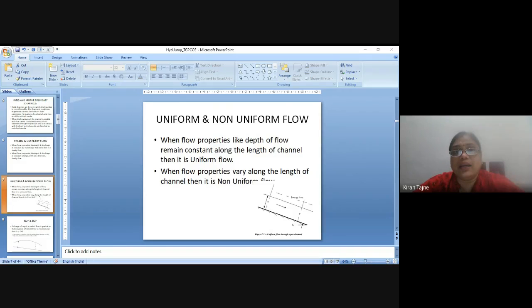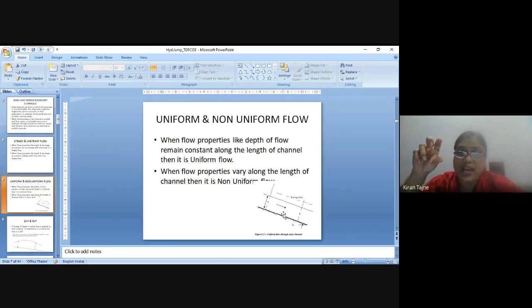Here you can see the figure of uniform flow through an open channel. Here depth y shows the depth of flow. On the left-hand side, this inclined dark line shows the bed slope over which the water or fluid flows.